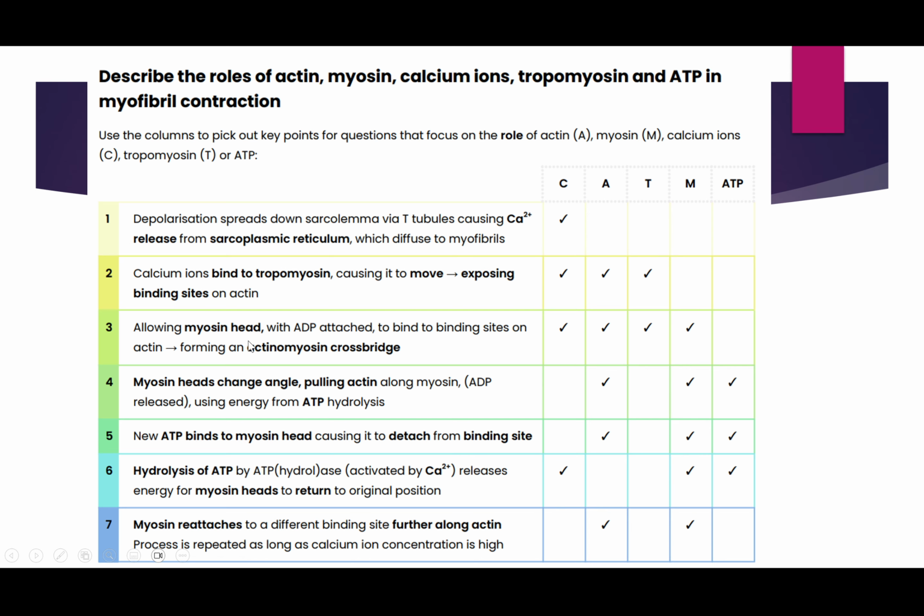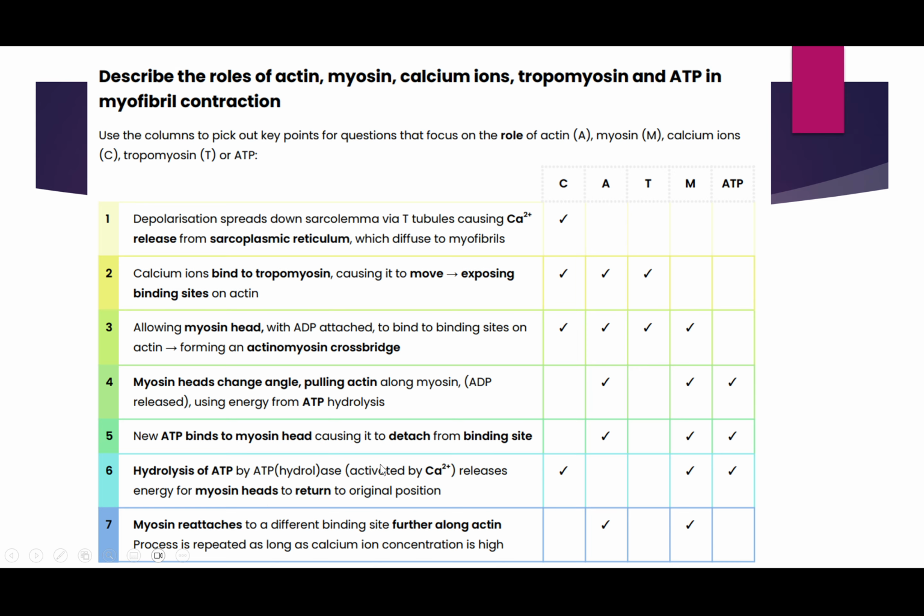This allows the myosin head with the ADP attached to bind to binding sites on the actin, forming an actin-myosin crossbridge. The myosin head changes angle, pulling the actin along, which is known as the power stroke, using energy, and ADP is released. Then a new ATP binds to the myosin head, causing it to detach from the binding site.